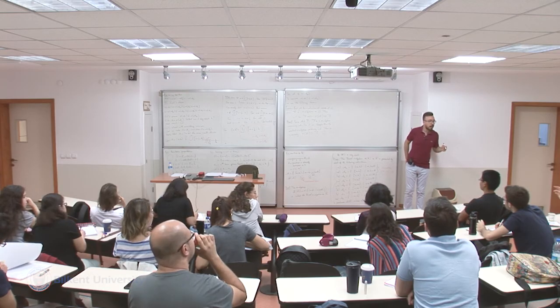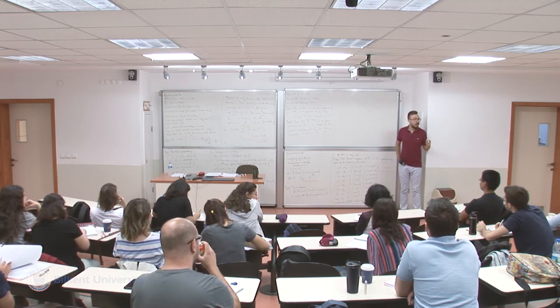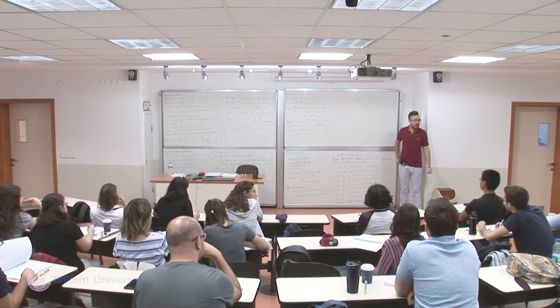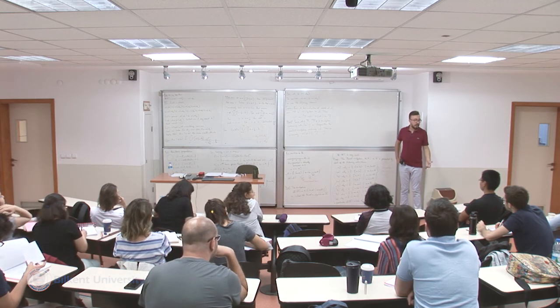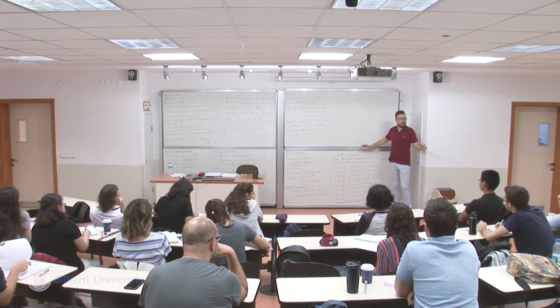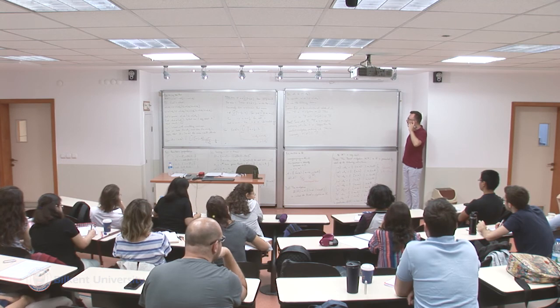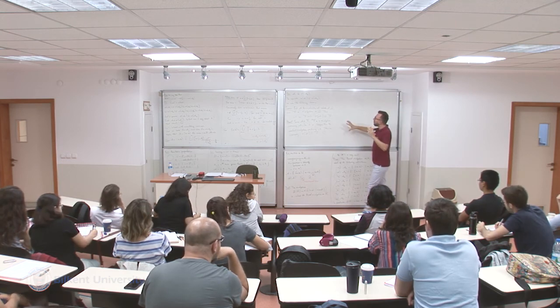Sorry? Can it be equal? Well, of course. If A is a sigma algebra, and A is equal to F, then sigma A is equal to F as well. But in general, they are not equal. Okay? So this does the job.